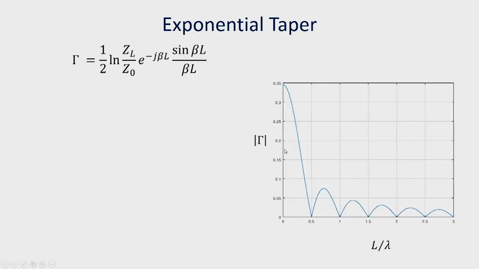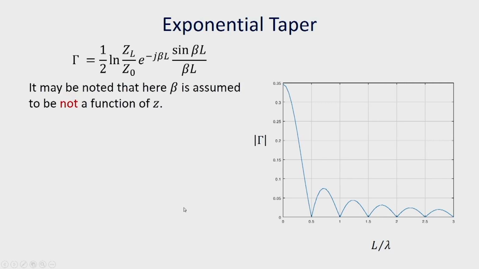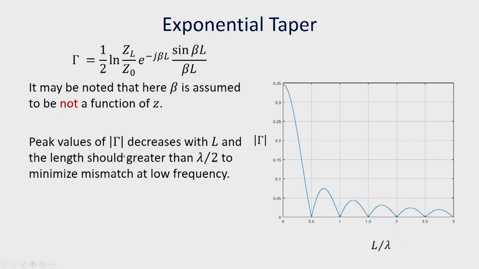The magnitude of reflection coefficient is plotted in this figure as a function of L by lambda, and we can see that as L by lambda increases, the peak value of mod gamma decreases, and the length should be greater than lambda by 2, at least lambda by 2, to minimize mismatch at low frequency.